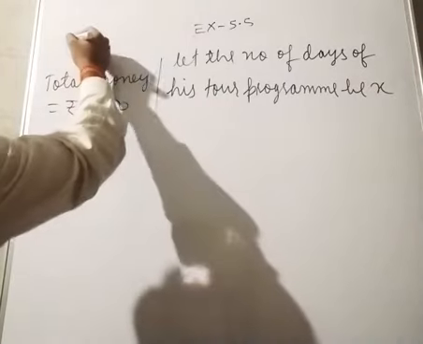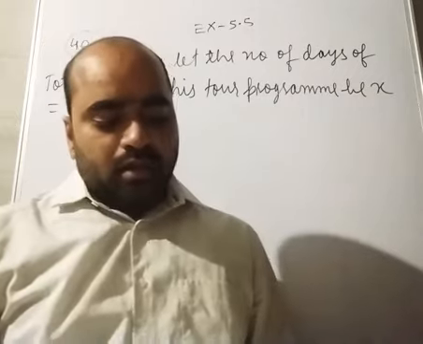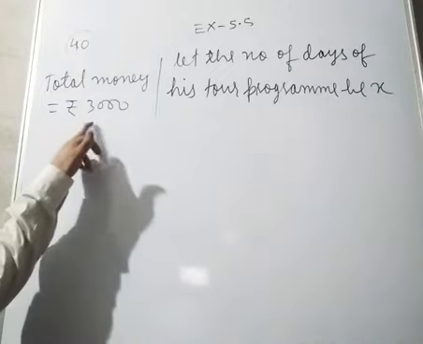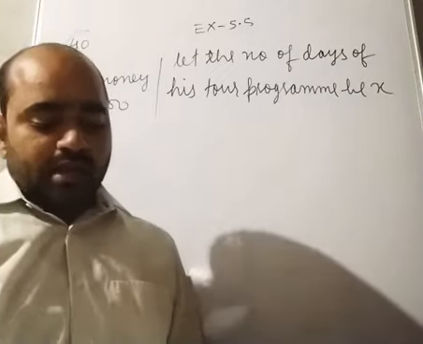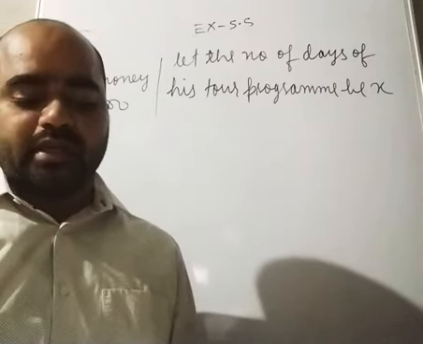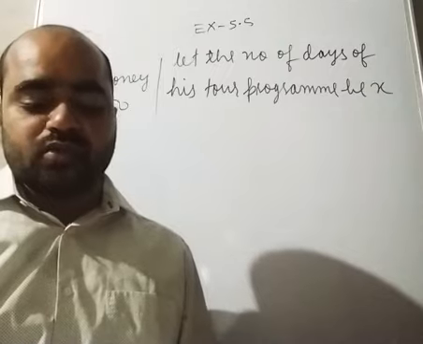Question number 40. What is given? A person was given rupees 3000 for a tour. It means total money is 3000. If he extends his tour program by 5 days, he must cut down his daily expenses by rupees 20. Find the number of days of his tour program.